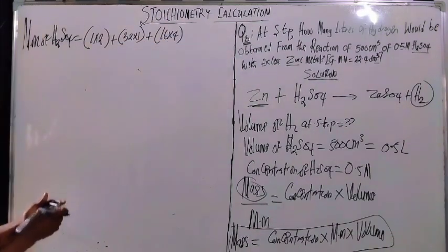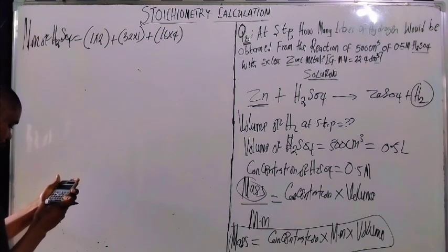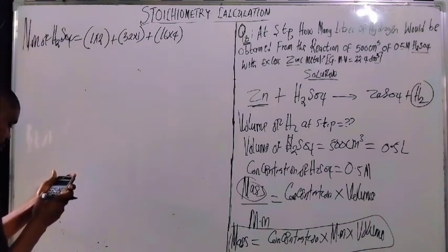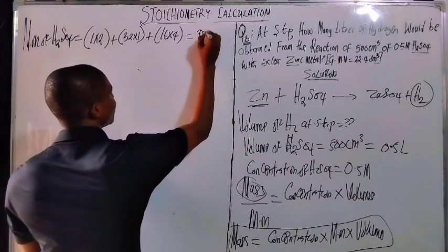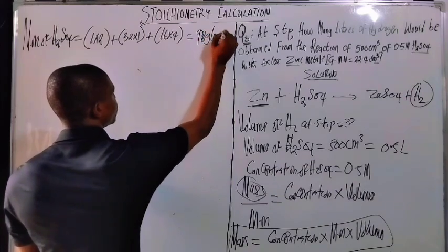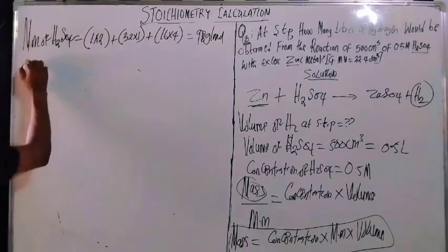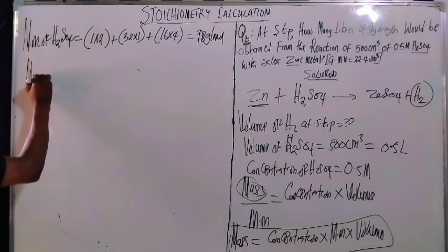Now what am I going to get? 1 times 2, plus 32 times 1, plus 16 times 4. So you have 98 gram per mole.